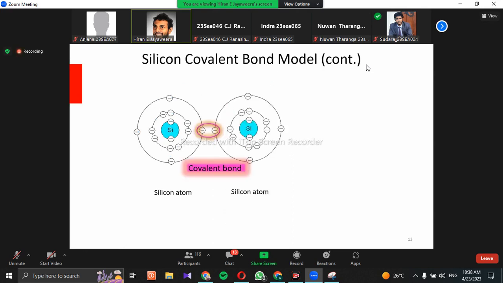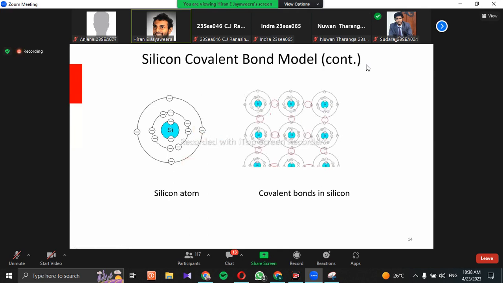Now, in general, when you have silicon, if you have another atom close by, it makes this kind of bond we call a covalent bond, right? So they share these electrons, and generally what silicon does is not only this, it makes 4 covalent bonds with 4 neighboring atoms.